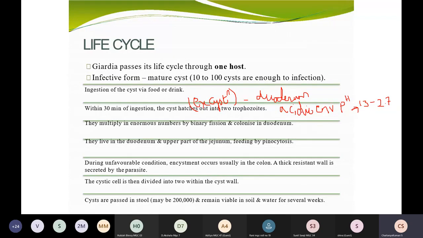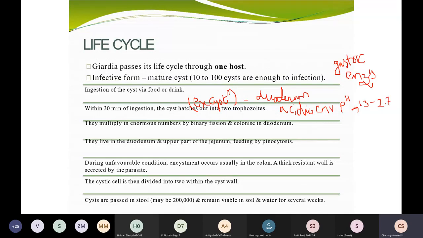How is the acidic environment created in the duodenum? We all know that it is due to the presence of gastric juice as well as pancreatic enzymes. Please make a note, mark. Due to the presence of gastric juice and pancreatic enzymes like chymotrypsin and trypsin.